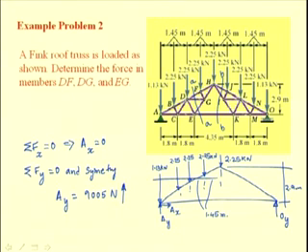Now that we have determined the reaction, we can use the free body diagram of the portion of the truss constructed by this section BB to determine the force in this member EK. So, let us draw the free body diagram of the portion of the truss constructed by using the section BB.